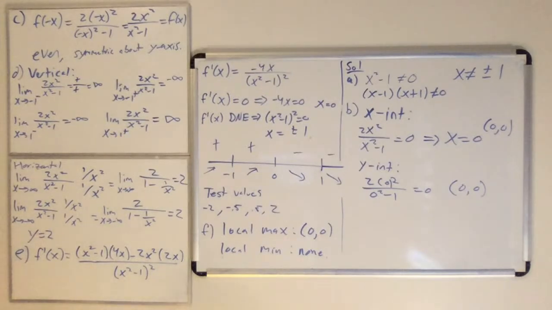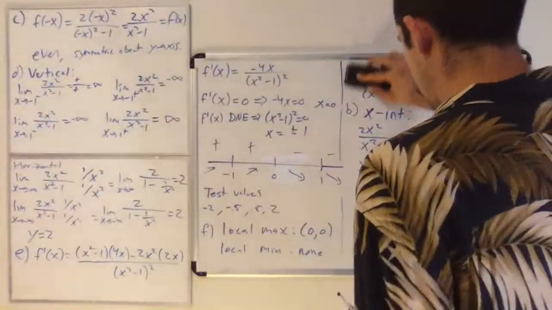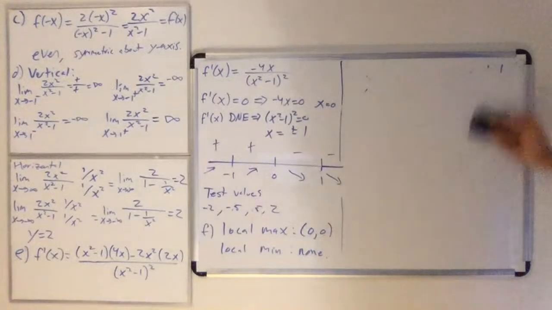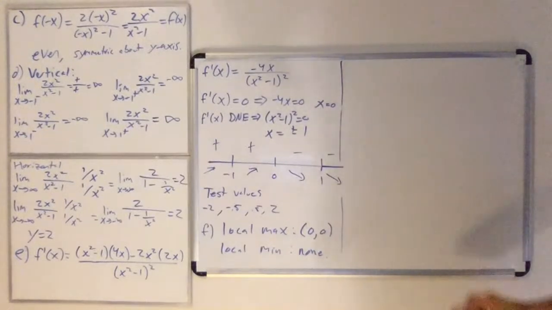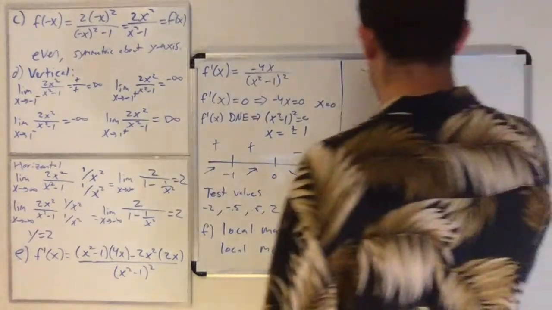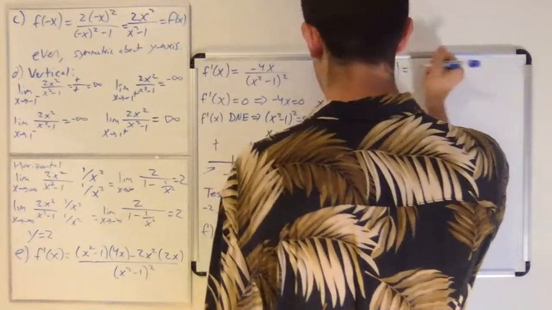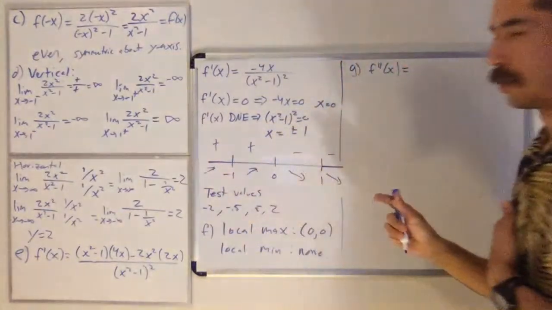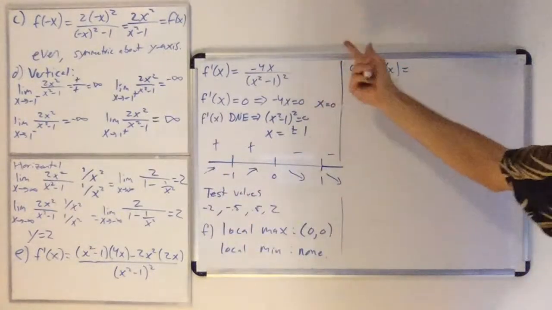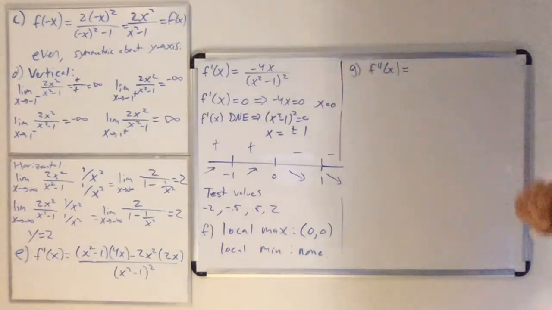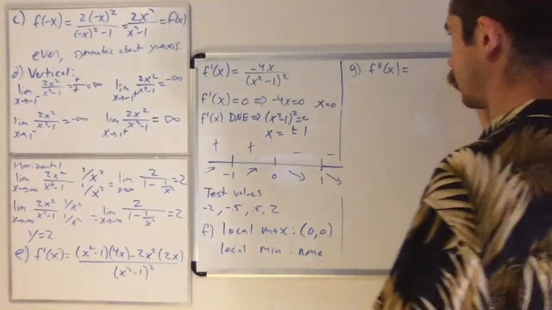Okay, and so now we're on to the final step before we get to graphing, which is the second derivative. So we want to get the second derivative of this function. So let's do the quotient rule again.